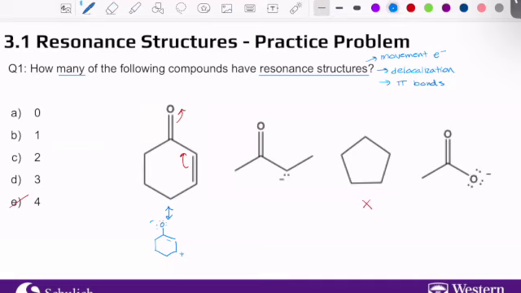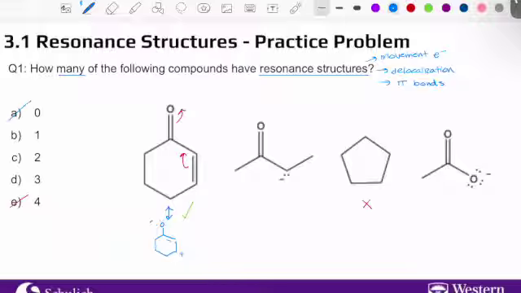So in this case, our starting compound is neutral, and a resonance structure of that has both a cation and an anion, meaning that it also remains neutral. So we know that at least one of them so far does have a resonance structure, which rules out option A.